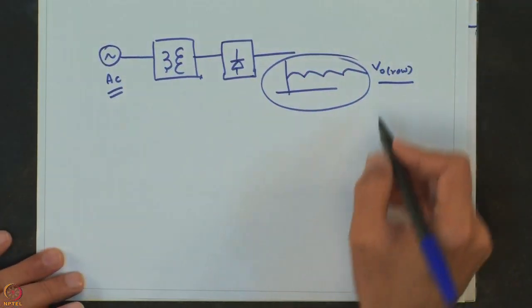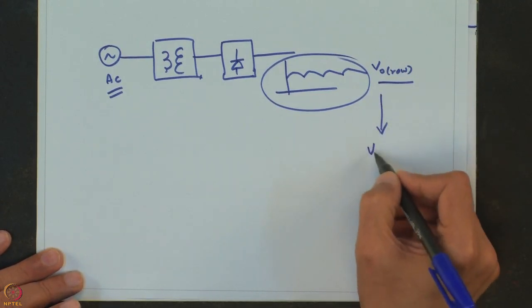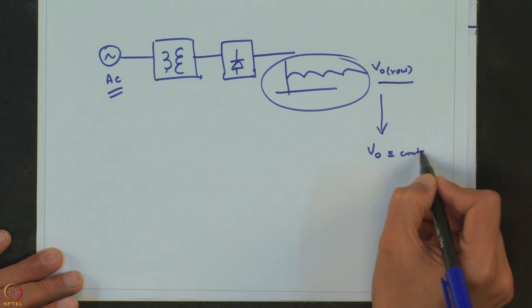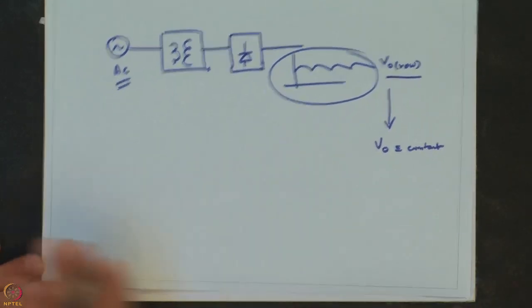Okay, so what is the solution? Now, there are two ways in which people can approach this problem. So, basically from this VO raw, I want to obtain a nice VO constant, which can be applied to my load.